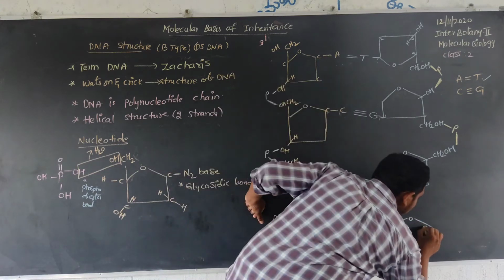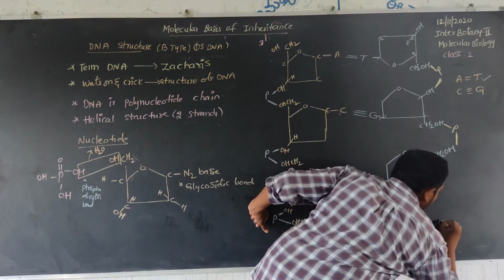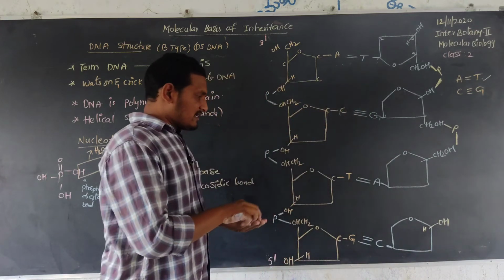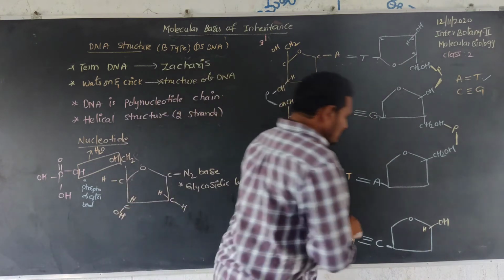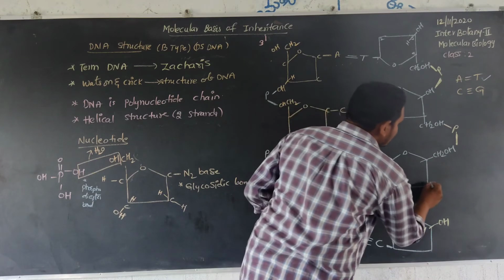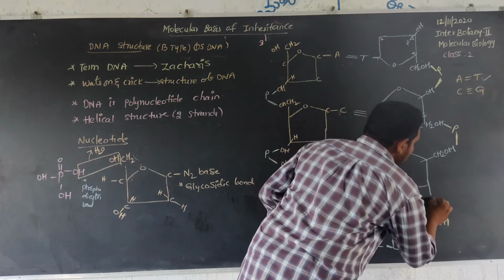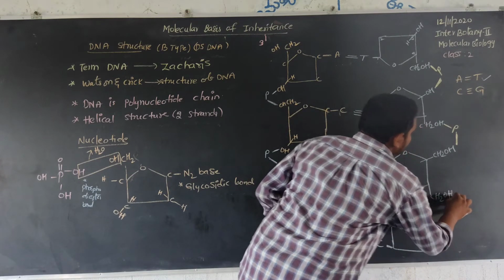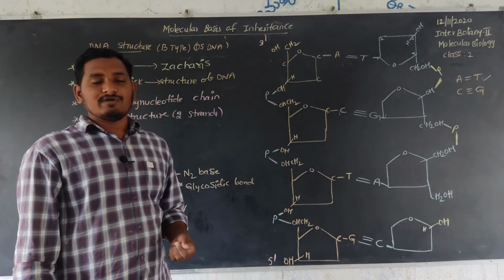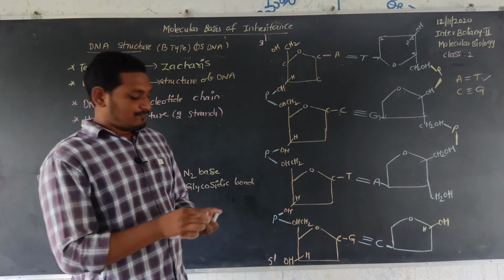And the third carbon consists of a hydrogen and hydroxyl group. Next, the previous nucleotide has CH2OH as a freely attached group.